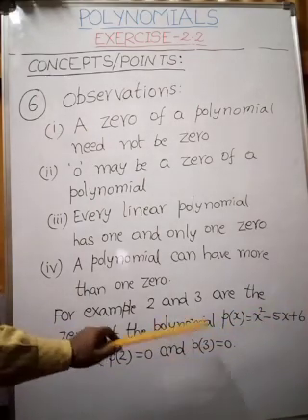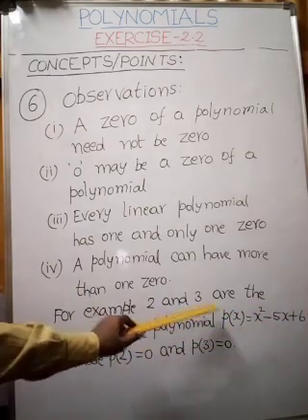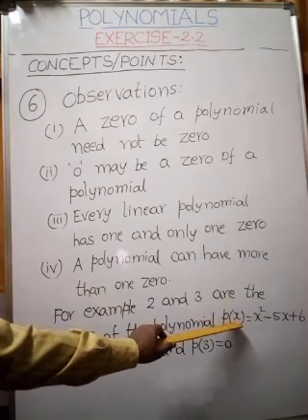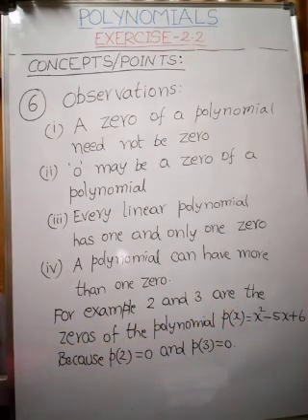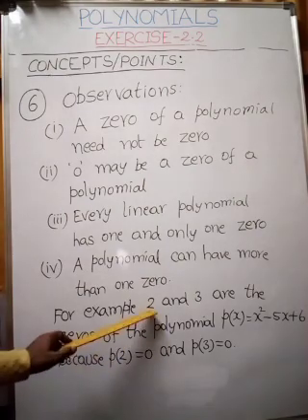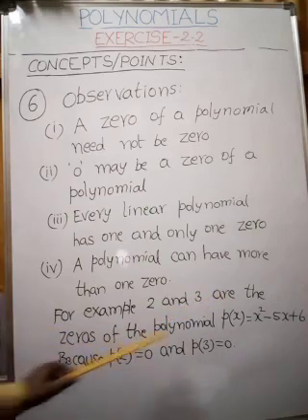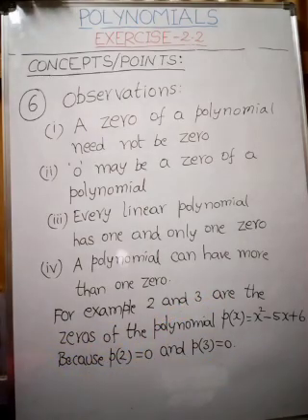Similarly, if you substitute x is equal to 3, we get its value as 0. That is why we can say that 2 and 3 are the zeros of the given polynomial. Okay, my children, understood these points?